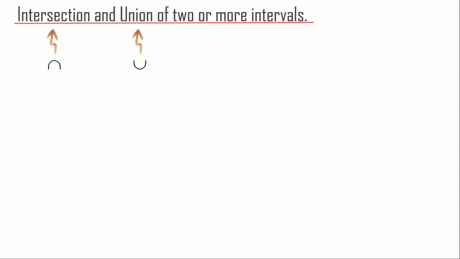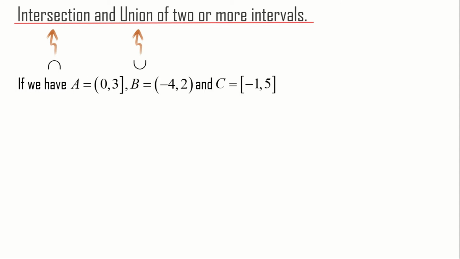I am sure all of you are familiar with these symbols. If we have A, B, and C, the three intervals as shown, then how about the union of A and B? The notation that we use here is A union B.